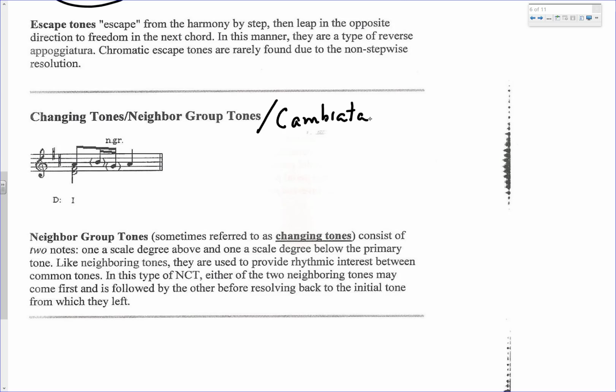Changing tones, neighbor group tones, or cambiata. Okay, so here in parentheses in this figure we have the B and the G. Remember that the changing tone or cambiata, or now we know it to be the neighbor group tones, are a pair of notes separated by the interval of a third, okay, that are not part of the chord. They are approached by a step, as they are in this case, and resolved by a step.